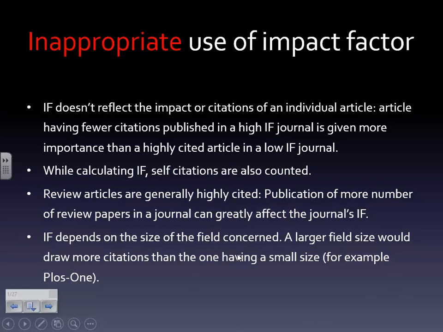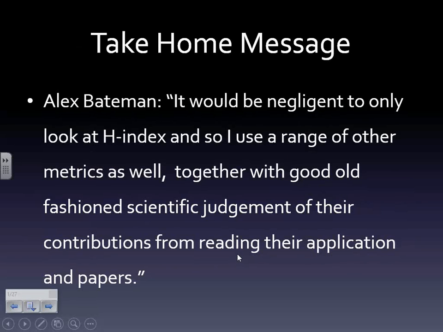So the take-home message, I want to end up with what Alex Bateman said. It would be negligent to only look at the H index or the impact factor of a journal. And so I use a range of other metrics as well, together with good old-fashioned scientific judgment of the contributions from reading the application and papers.